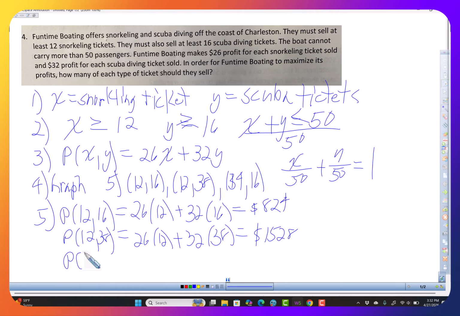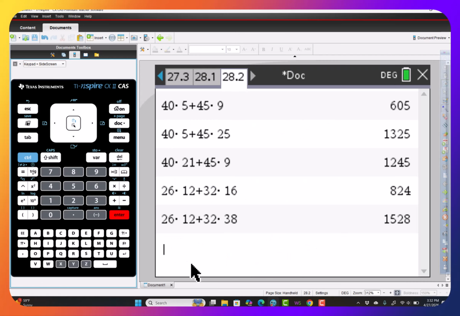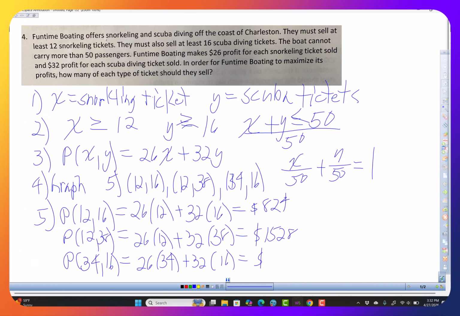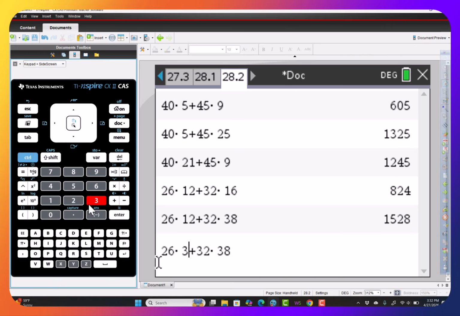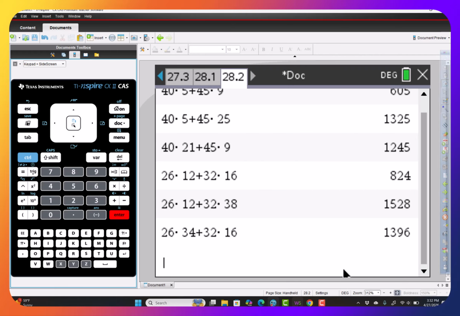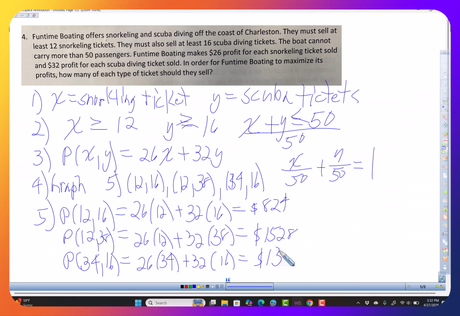Then P at 34, 16 is 1396. So 12, 38 is going to be the max.